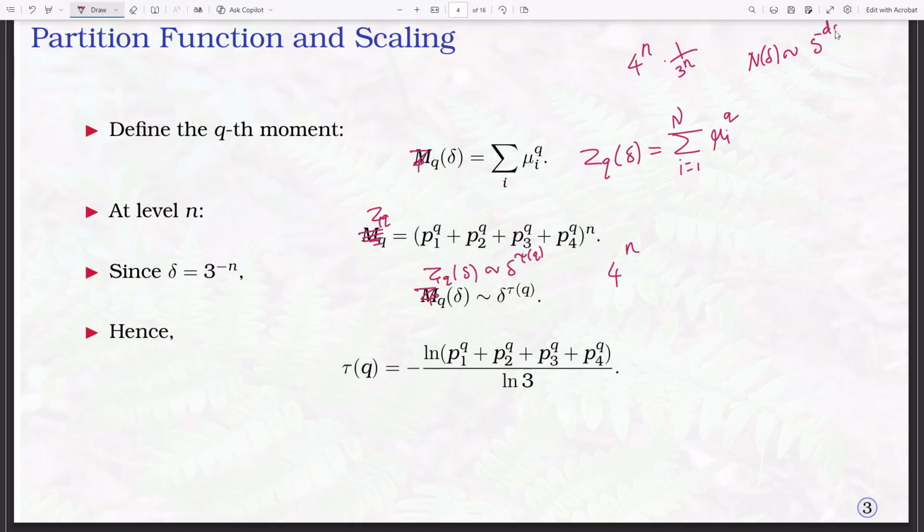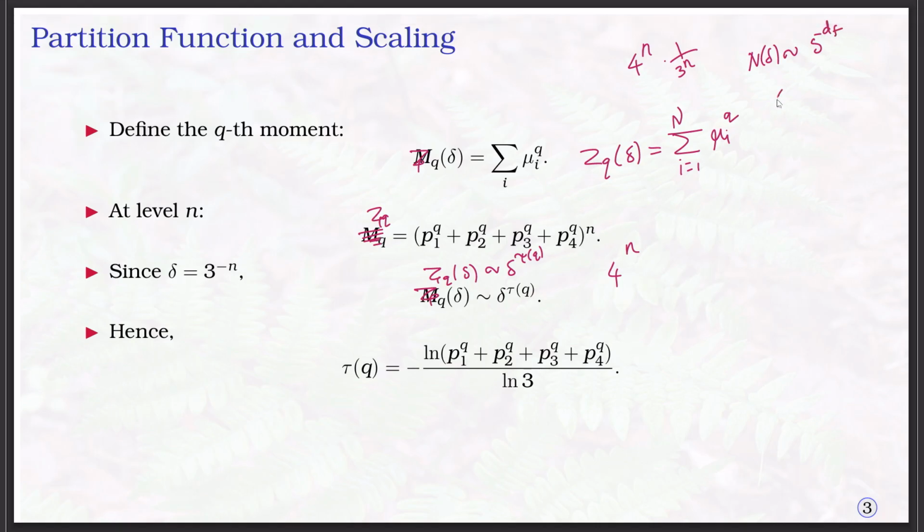So 4 power n is proportional to 3 power minus n df. By using this relation, the partition function is proportional to delta power tau q. Then one can obtain tau q, with delta equal to 1 by 3 power n, so 3 power minus n tau q.